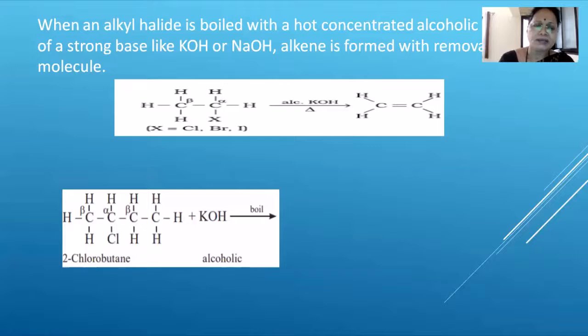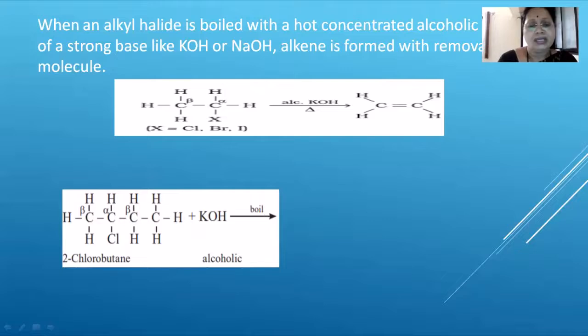One more example, 2-chlorobutane. Now here the halogen carrying carbon is represented by alpha and the two adjacent carbon atoms are here, one is called beta, and the second is also beta. Then it is heated with alcoholic KOH.